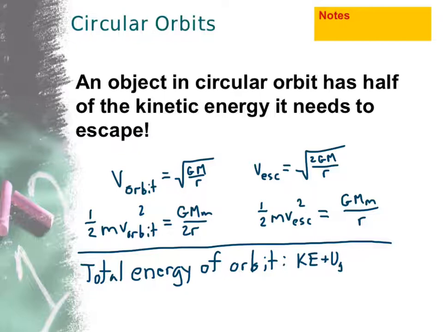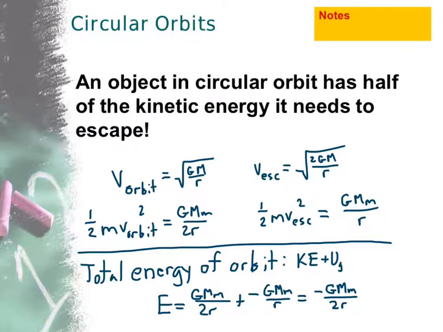Well, we just figured out that the kinetic energy is G big M little m divided by 2R. And then we have to add negative, remember gravitational potential energy is negative, so we have big G big M little m divided by R. We learned that in a previous lesson. And when you take the sum of those two, you end up with negative big G big M little m divided by 2R.